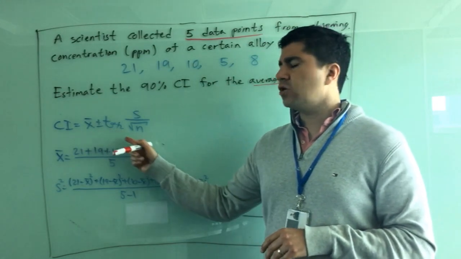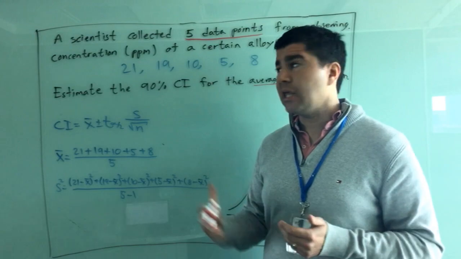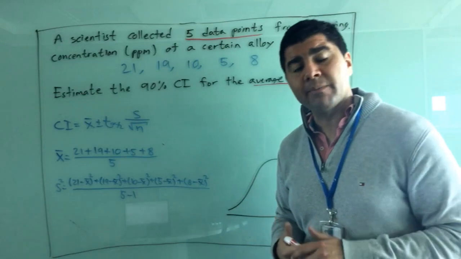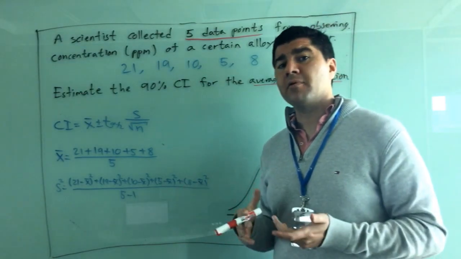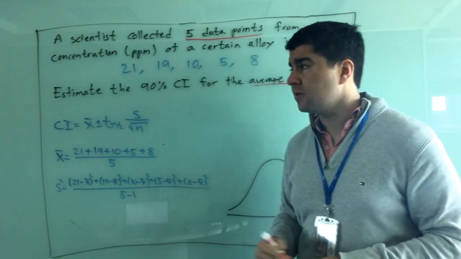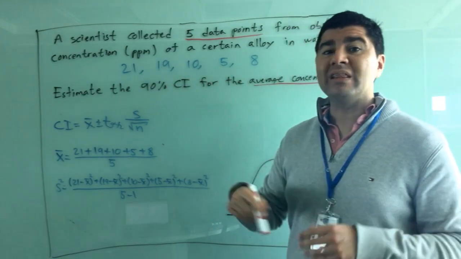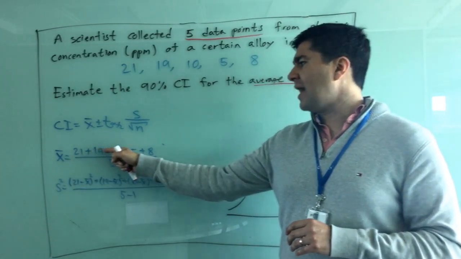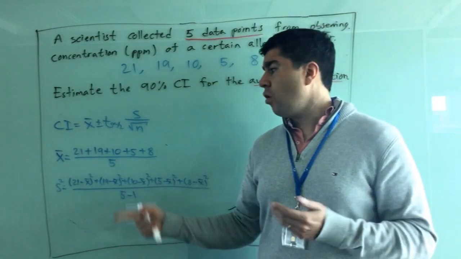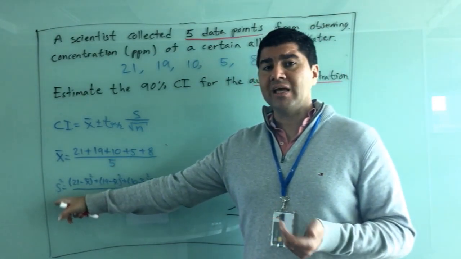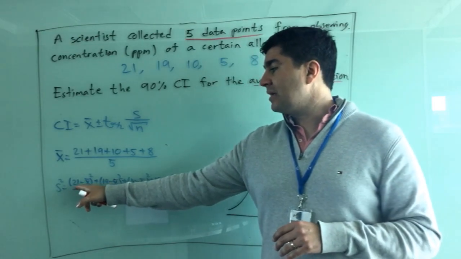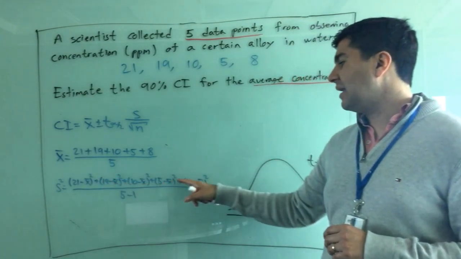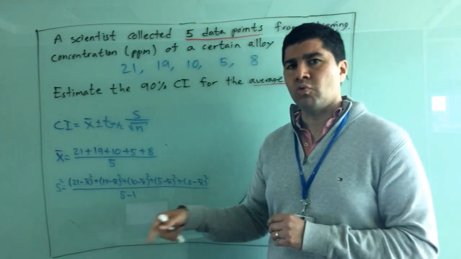When looking at the information, we can see that this is not necessarily given in the text. They are not telling us the averages, they are just telling us the data points. What we need to do is to remember everything that you saw on the first partial. By analyzing these with descriptive statistics, we can find the average x bar by just adding the data points and dividing it by 5, or well, the variance s squared by just adding each of the data points minus the previous average raised to the square, adding everything and dividing it by n minus 1.